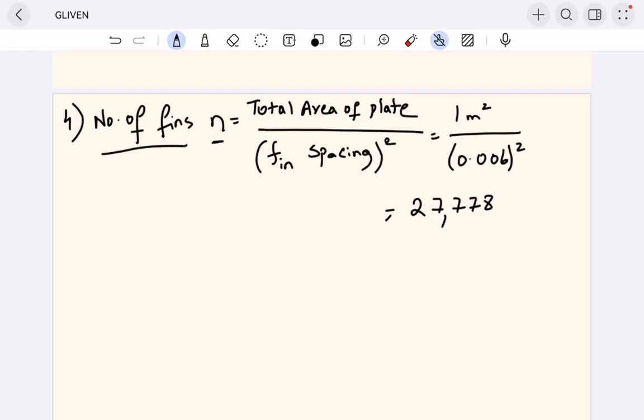So we have 27,778 fins over the plate over an area of 1 square meter. That's the meaning of this step. So we know the number of fins, so we can easily know how much amount of heat is being transferred to the surrounding air. Right. Now let's calculate the fin area, the total fin area.